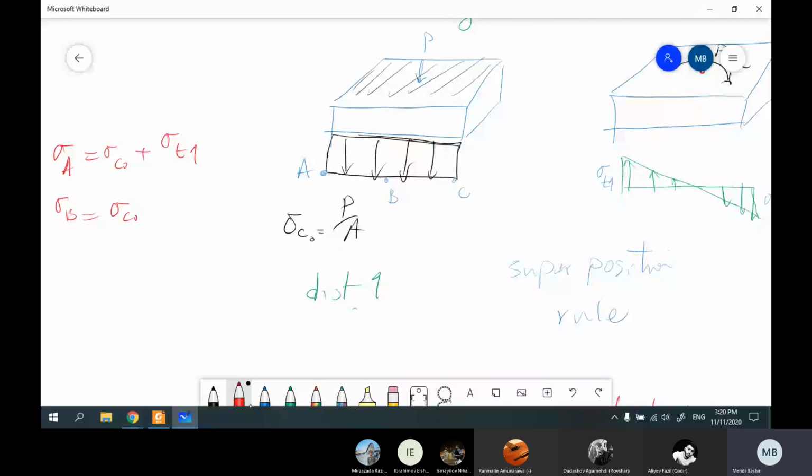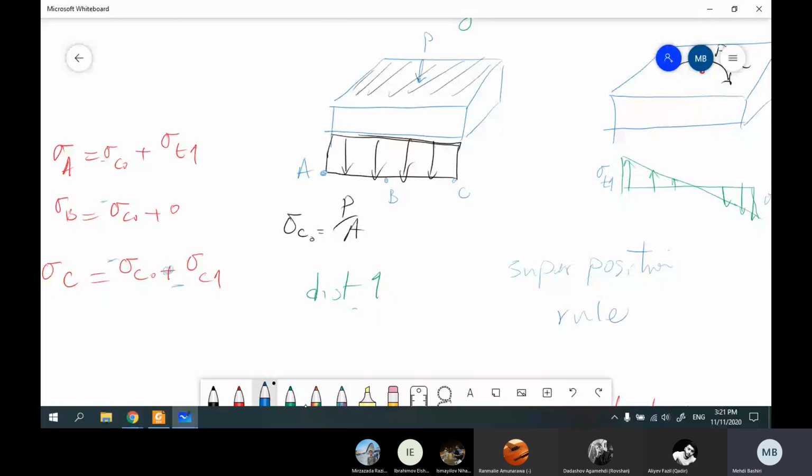And sigma C is sigma C0 plus here sigma C1. You can see that the direction of this stress is upward here and this one is downward, so these ones are negative and this one is positive.